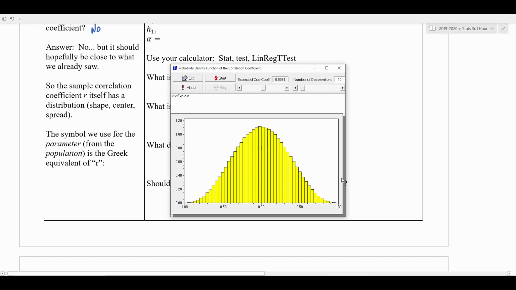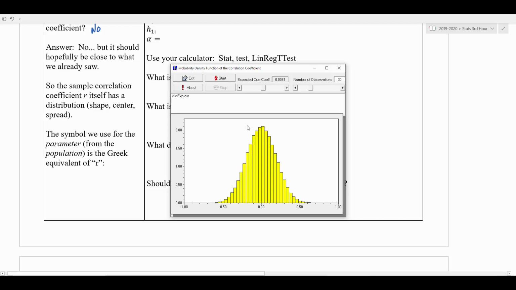Let's see if we can change the spread a little bit. Let me show you how. We're going to increase the number of observations to 30. In other words, my sample size is going up to 30. So I'm going to do 30 and then another 30 and then another 30, calculating correlation coefficients each time and distributing them, and let's see what happens.